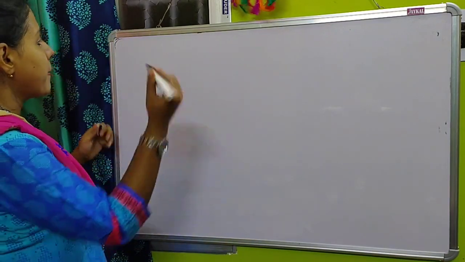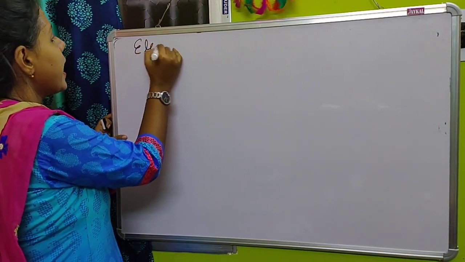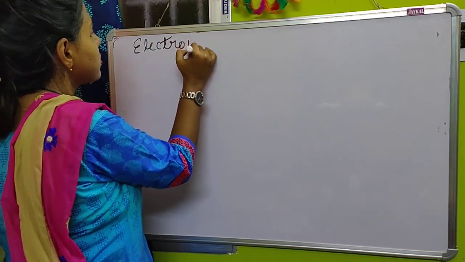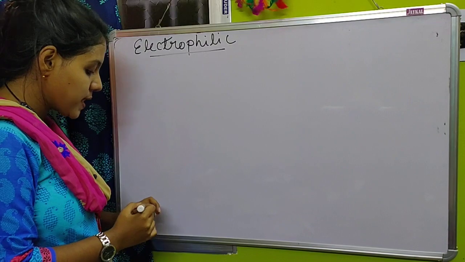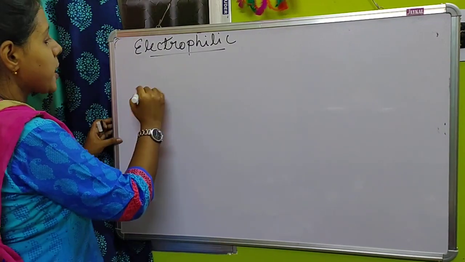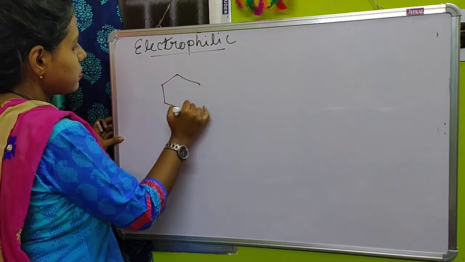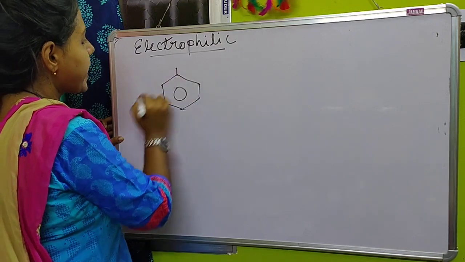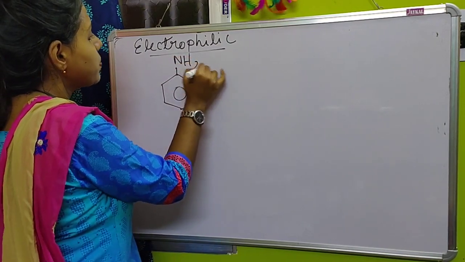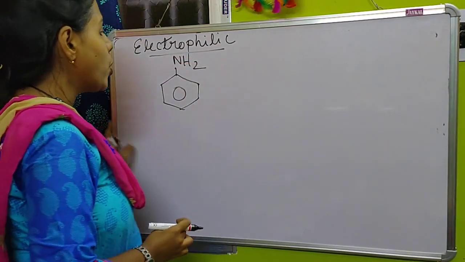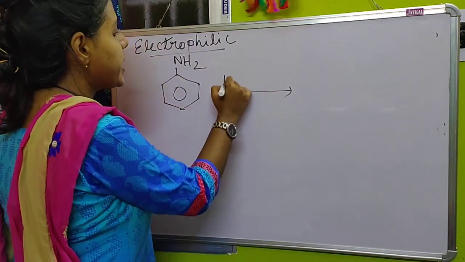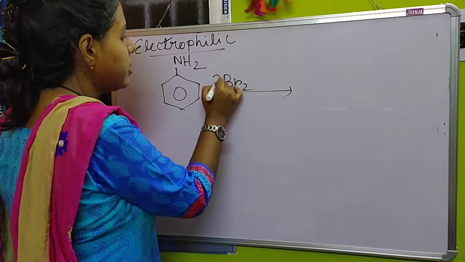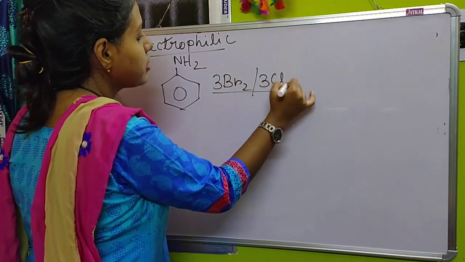The next reaction is electrophilic substitution in the benzene ring. Suppose first we take NH2 here, and then we try to add halogens, bromine or chlorine.